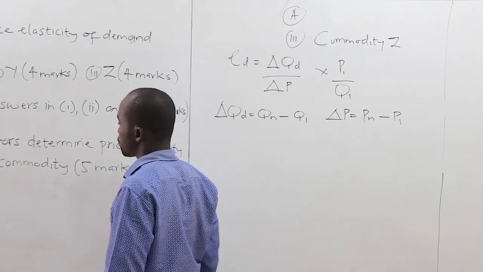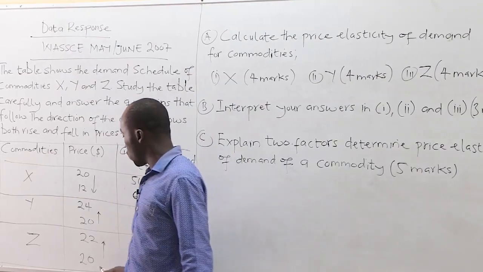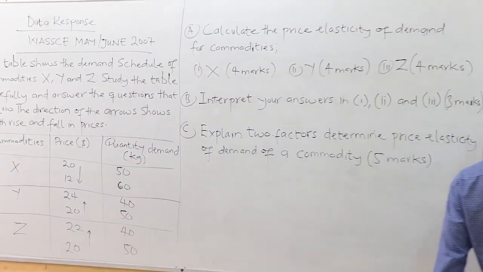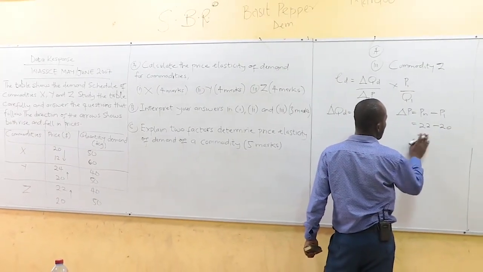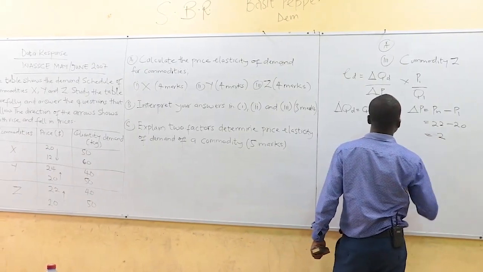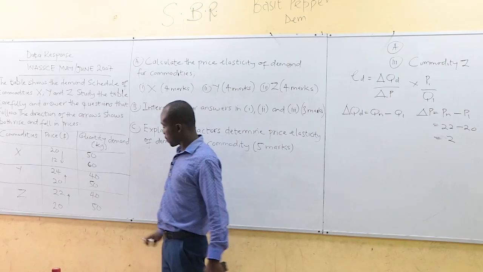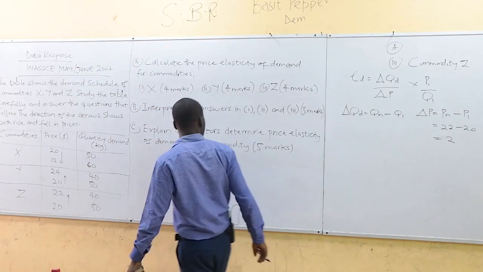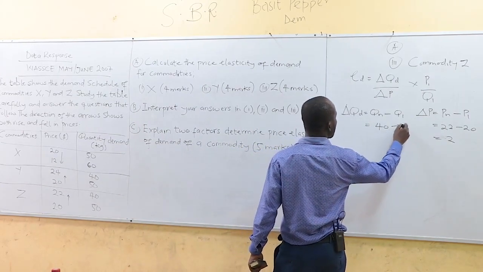Let's go to the table. Let's first go to price. Price was 20. It moved to what? 22. So the new price is 22, the old price is 20. If you subtract, you get 2. What about quantity demanded? Quantity demanded was 50. It moved to 40. So the new quantity demanded is 40, the old one is 50.